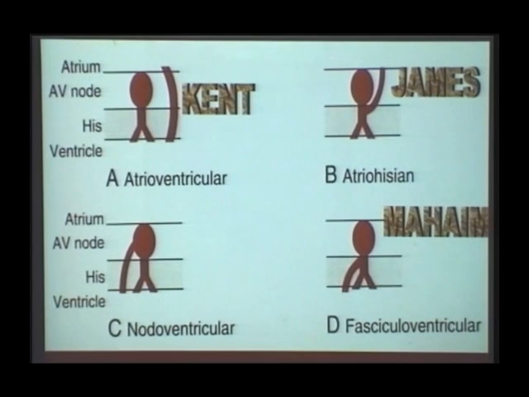So these are the three important pathways: Kent, James, and Mahaim. They are atrioventricular, atriohisian, and hisioventricular. It is very easy to diagnose which pathway by looking at the ECG.